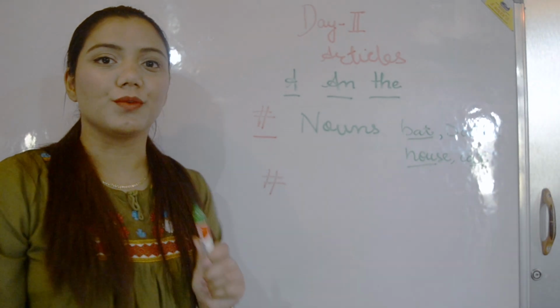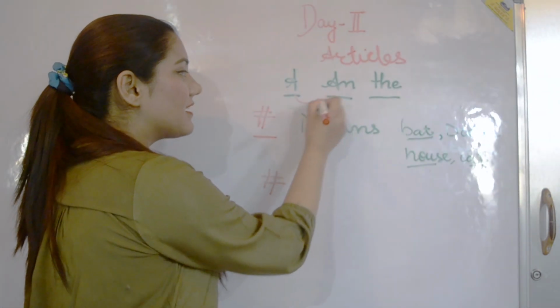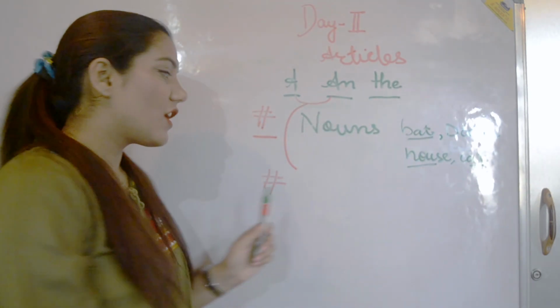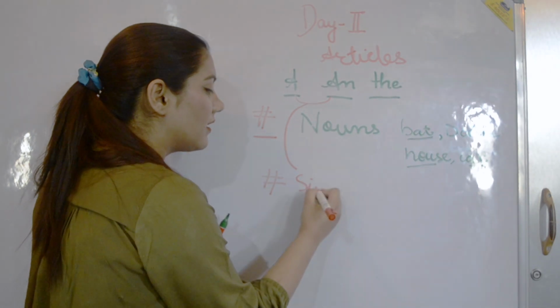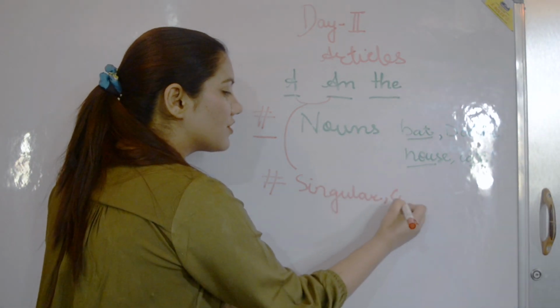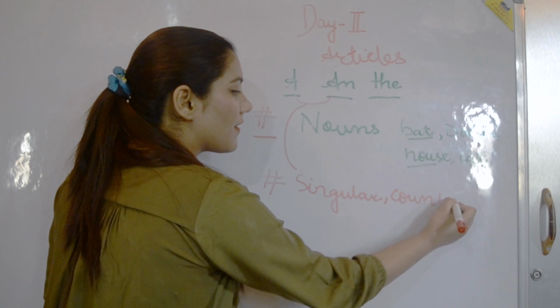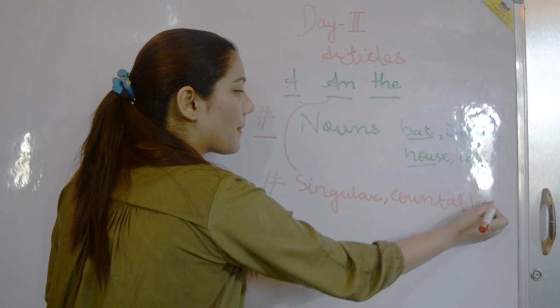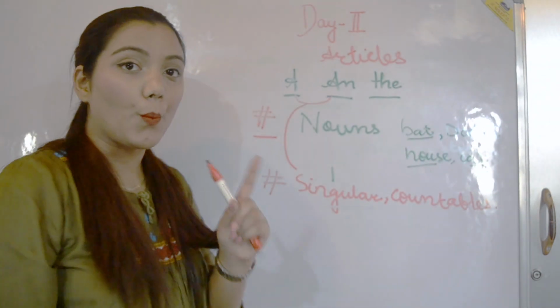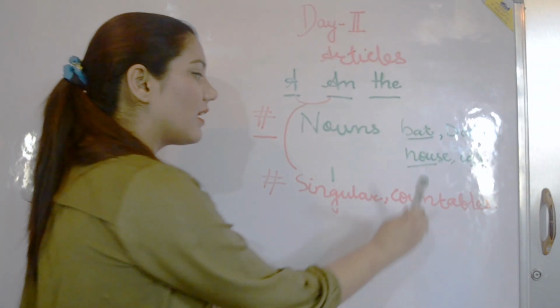Rule number 2. A and an are used in front of all singular countable nouns. Singular means single, meaning one in number.